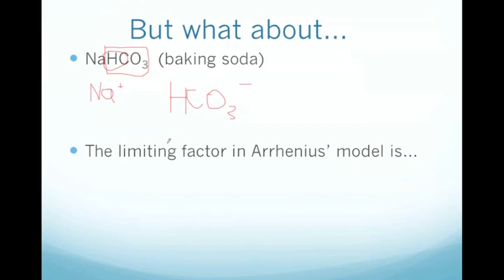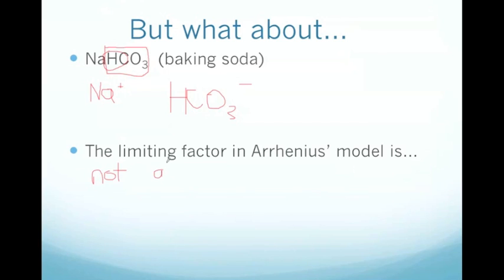If any of you guys have ever been working in the kitchen and spilled some baking soda on your hand though, you'll notice it is a little slippery. It's actually a base. It's a weak base, but it is a base. Okay, so what we see is the limiting factor in Arrhenius' model is that not all bases are going to be OH minus. Okay, there are bases that are not OH minus.